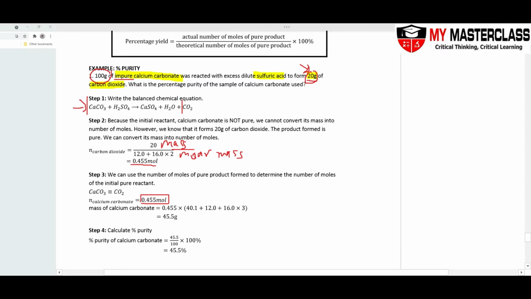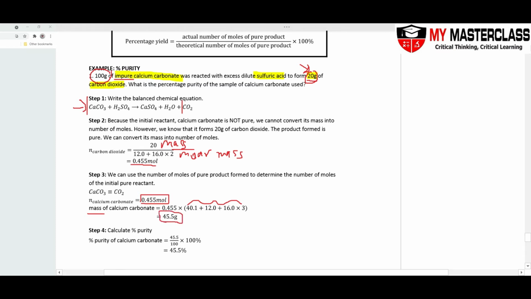From this mole, find back your mass. This mass is only the pure part. The pure part will react. So 0.455 times your molar mass. Mole times your molar mass, you get mass, because mole equals mass divided by molar mass. If you do it, you get 45.5 grams.